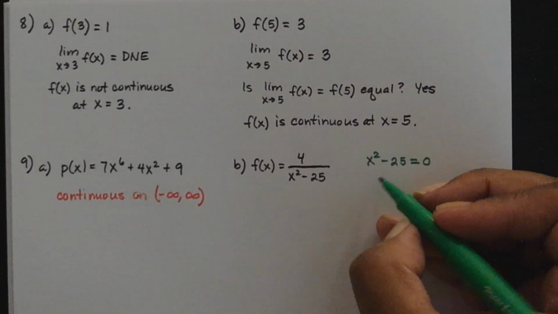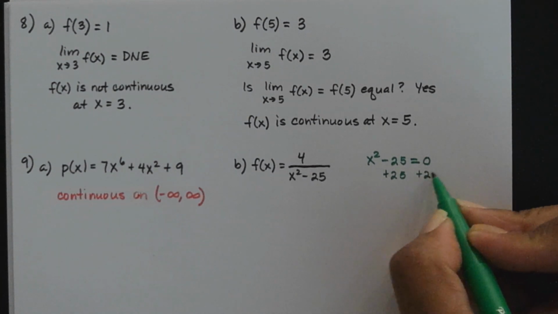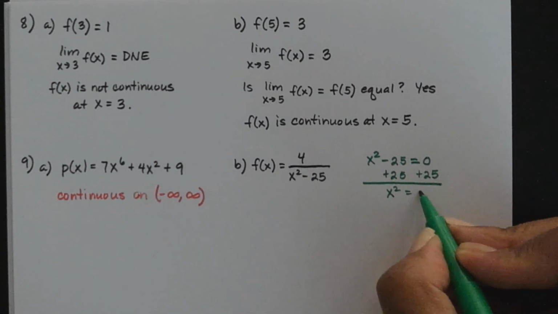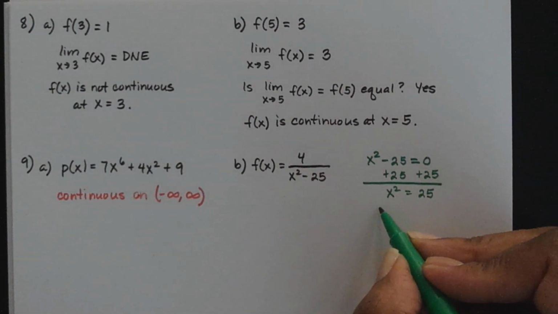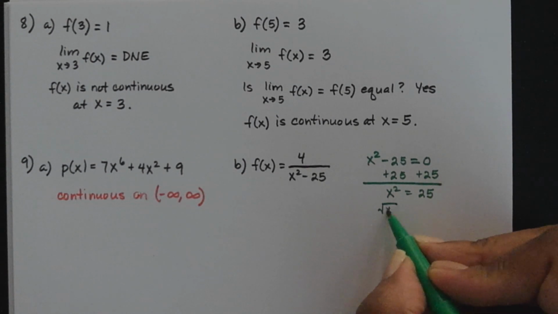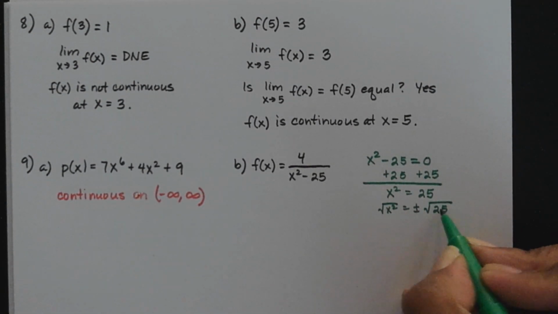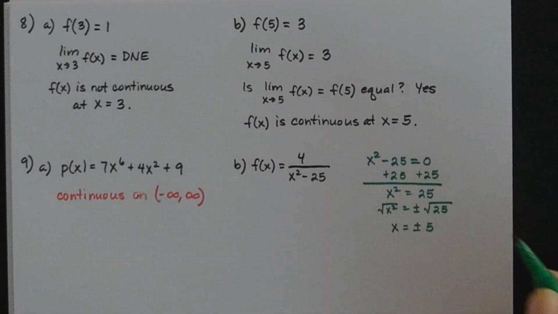And then solve for x. Let's see. If I add 25 to both sides, that means that x squared is equal to 25. Take the square root on both sides and include that plus or minus symbol. That would mean x is equal to plus or minus 5.